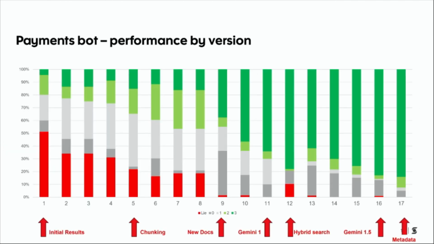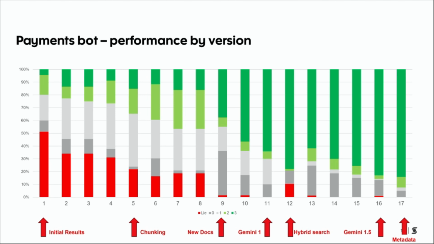So this is our first experiment in creating our RAG system, our Ask AI. We did this for the back office group that implements payment requests that we get from our corporate and commercial customers. What you see here is the quality score. Red means a lie, an inaccurate answer, which is what we really want to avoid.